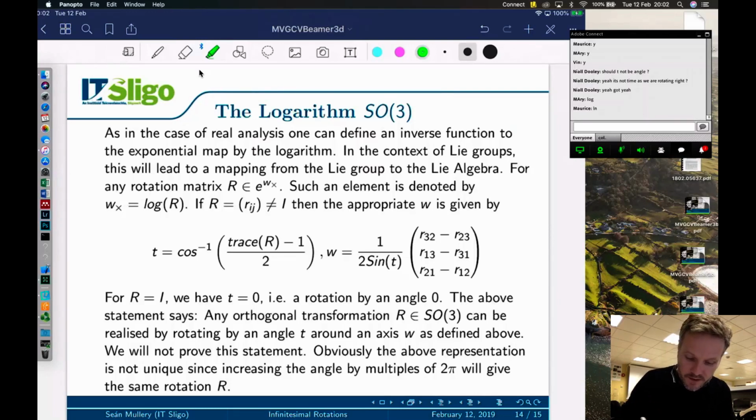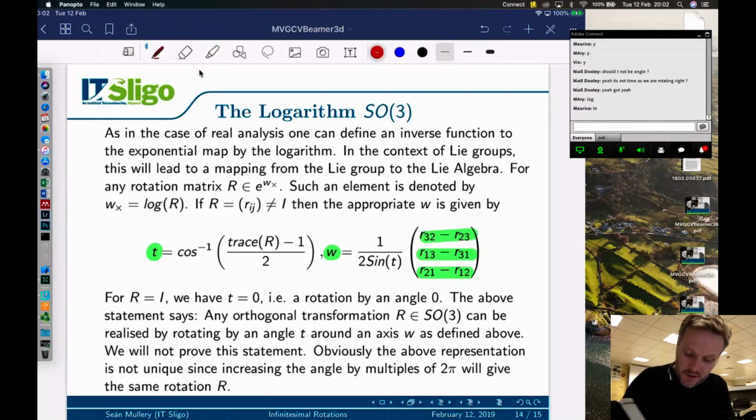Basically what we do is we get the trace of the rotation matrix, we subtract 1 from it, we divide it by 2, and then we get the inverse cosine of that, and that will give us our angle. Again, I don't prove this, not entirely certain how to prove it. Our vector w is then given by three pieces of information within our rotation matrix. Those different values, we subtract them.